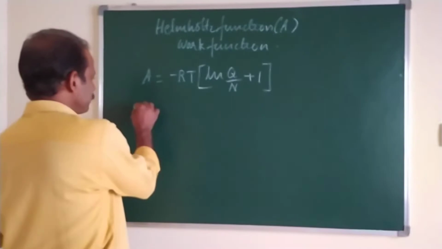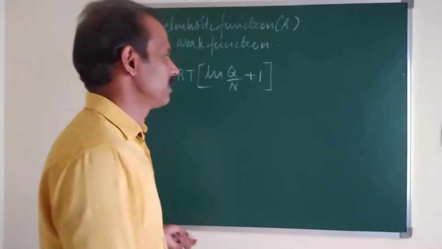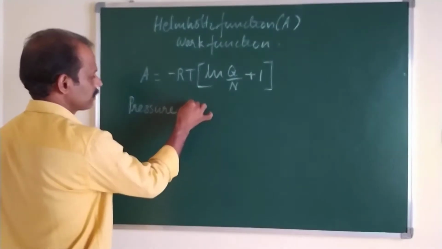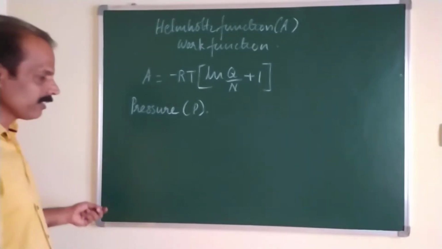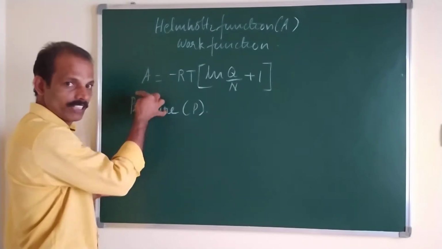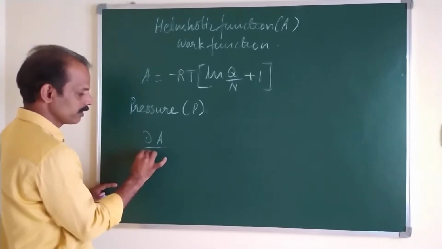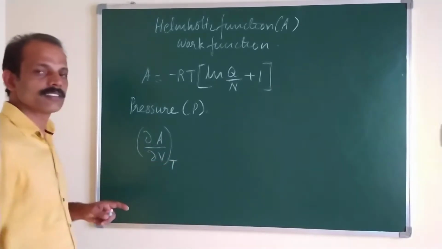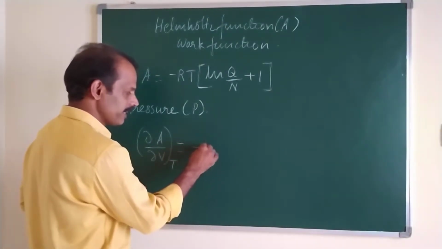Today we are discussing some other thermodynamic properties. The first one is pressure, P. From thermodynamics, you know that the change in work function, that is the Helmholtz function, with the volume at constant temperature is negative of pressure.